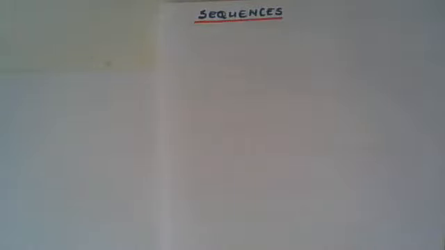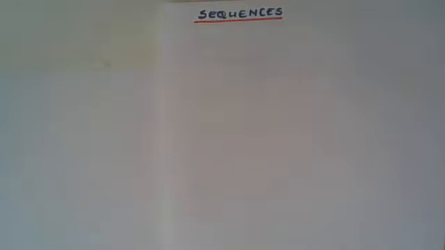So guys, let's begin. We are now going to deal with sequences, and I know this is a revision from grade 11. So what is a sequence? A sequence is a list of numbers following a constant pattern.